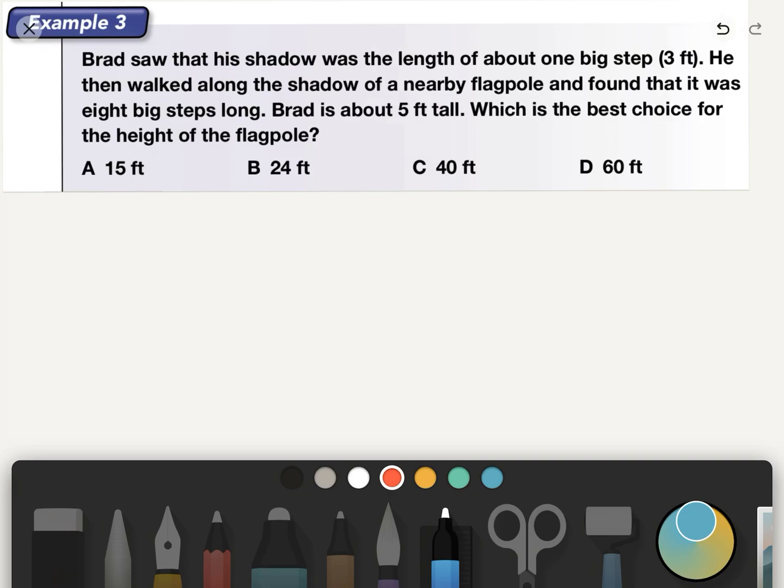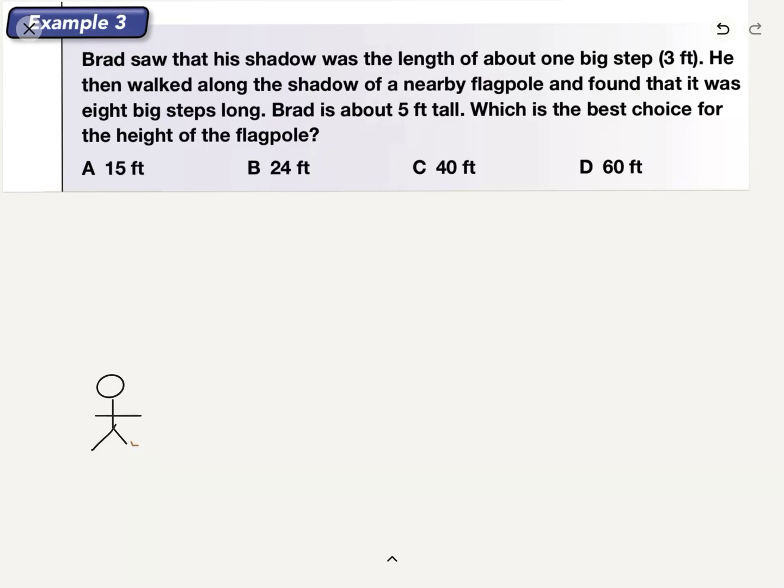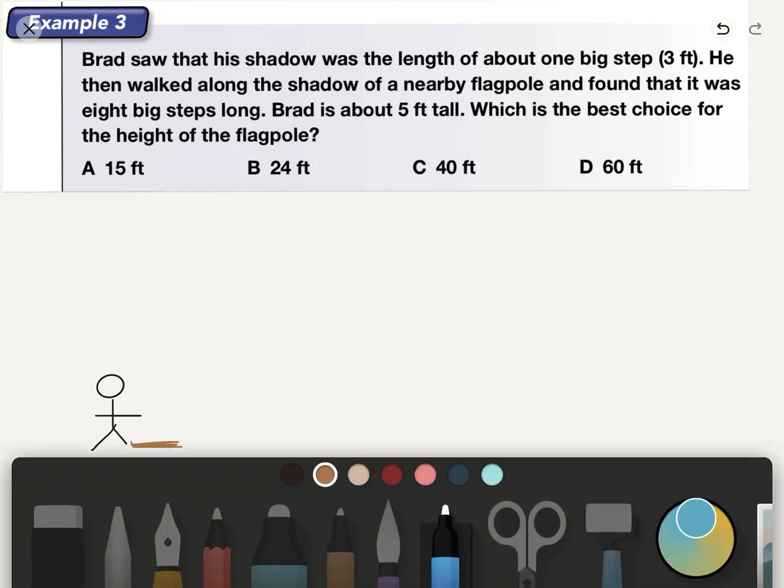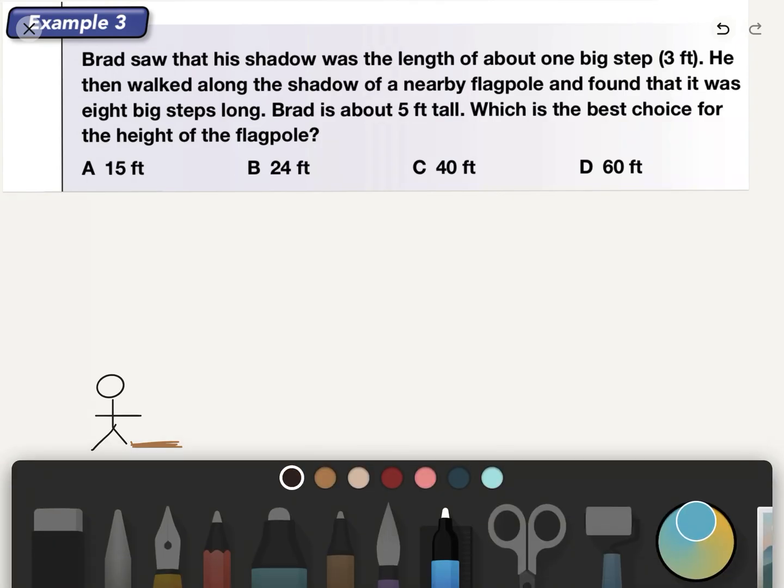All right, so Brad. We'll let this be Brad. Brad saw that his shadow was the length of one big step, which for him is 3 feet, or 1 yard.